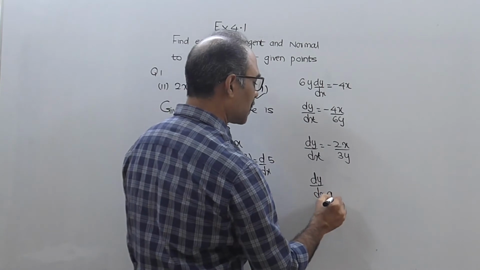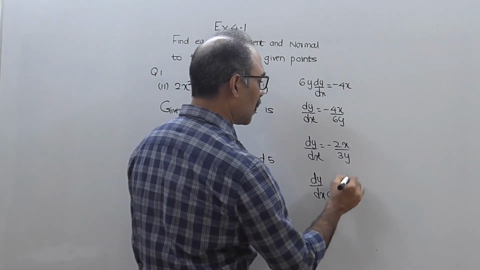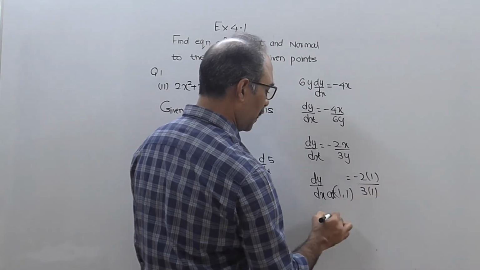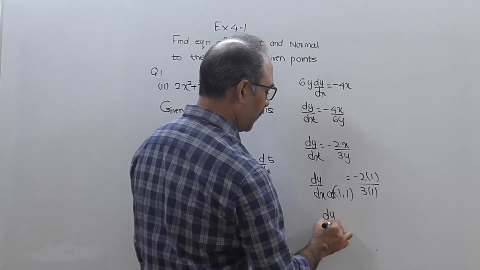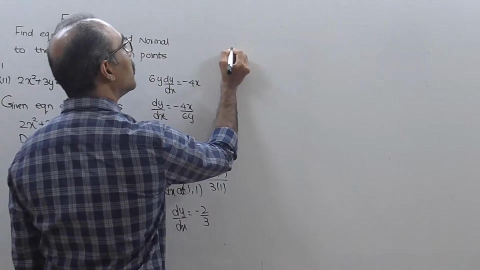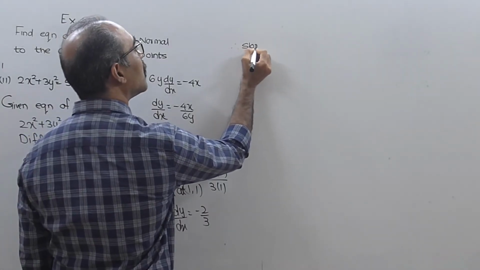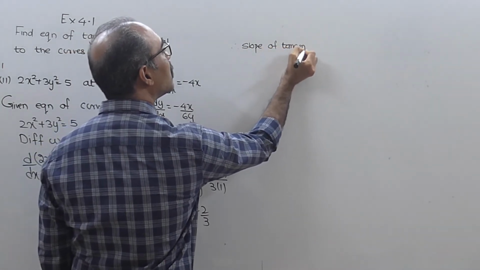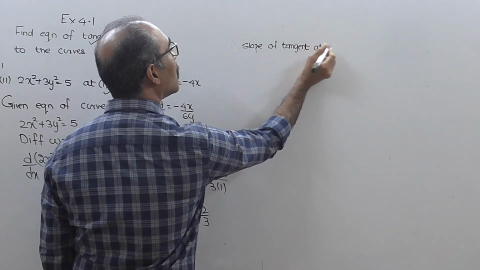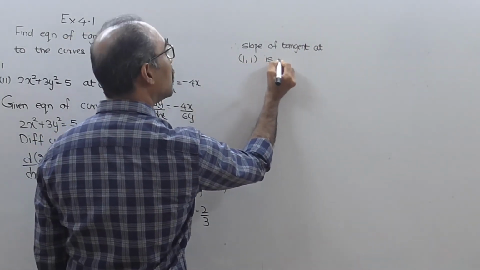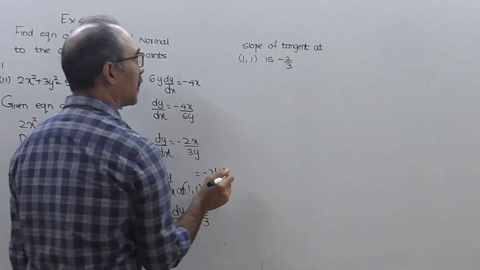So dy by dx at 1 comma 1 is minus 2 into 1 upon 3 into 1. Therefore dy by dx equal to minus 2 by 3. Therefore, the slope of the tangent at 1 comma 1 is minus 2 by 3.